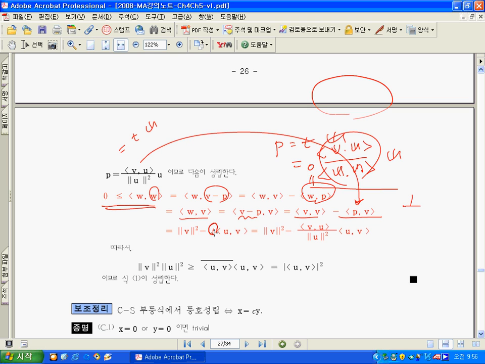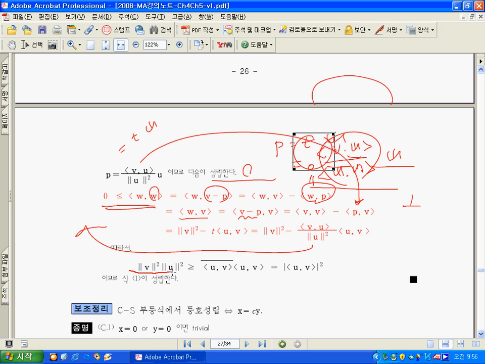So T can come out, and this is the square of the norm. And T is the same as this. That is greater than or equal to 0. So we move this one to the other side, and multiply by the square of the norm of U on both sides. That gives us this.